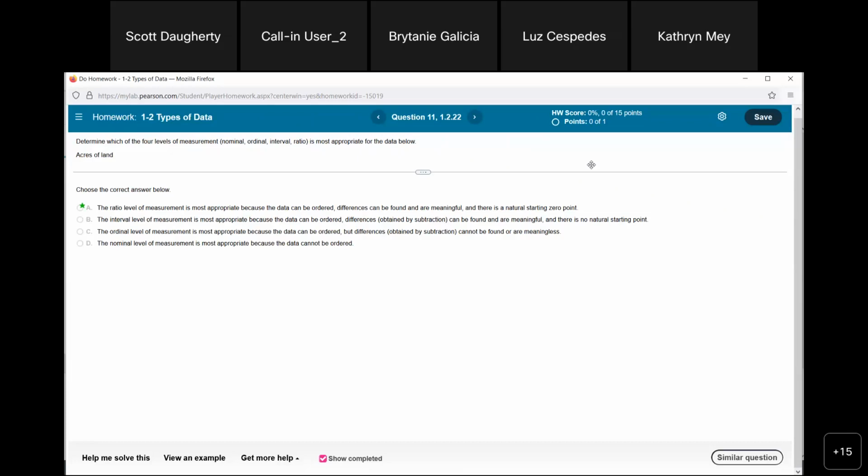It was just an arbitrary place for us to put the freezing point of water. But 0 didn't represent the absence of something physical. Here it does. You can't go below 0. I can't say that I have negative 10 acres of land. 0 is the bottom. It represents the absence of land. And so once you have a natural 0 where it's the absence of something, then you can form ratios that have meaning. And that's the difference between this one and the previous one.